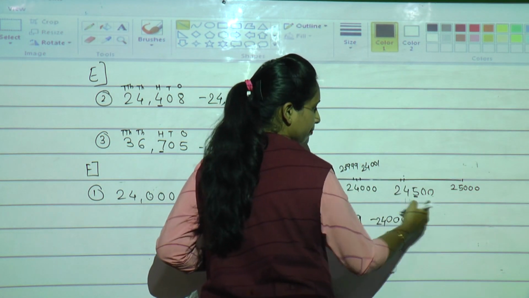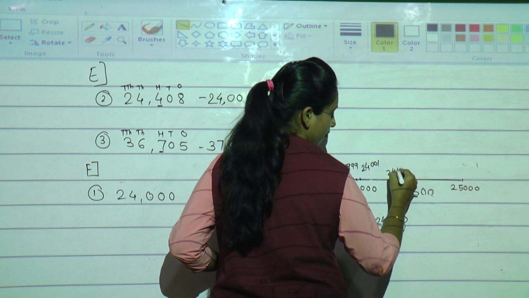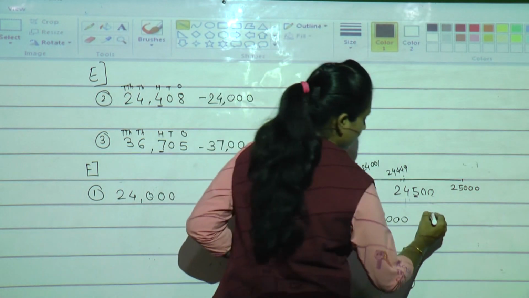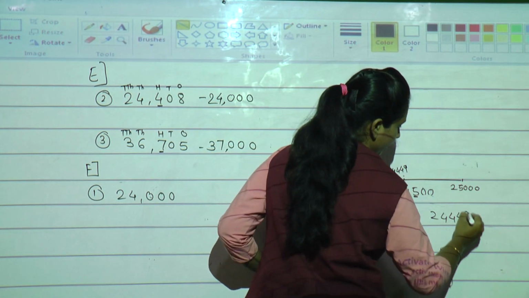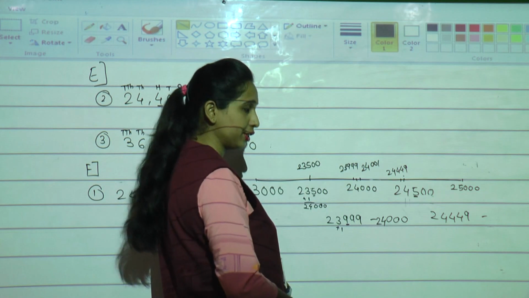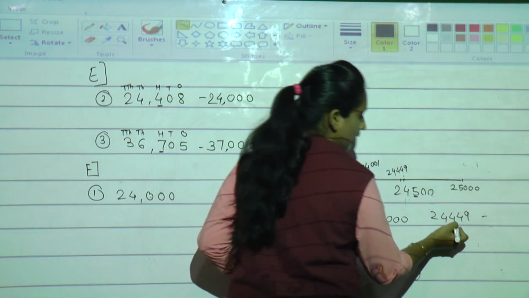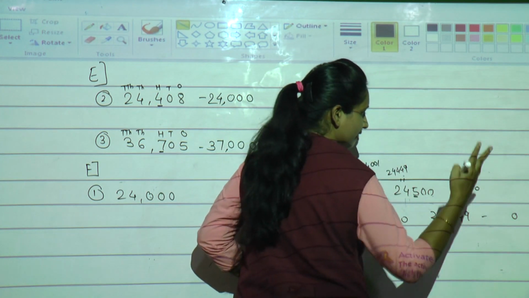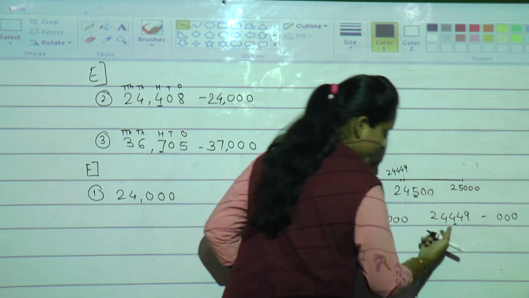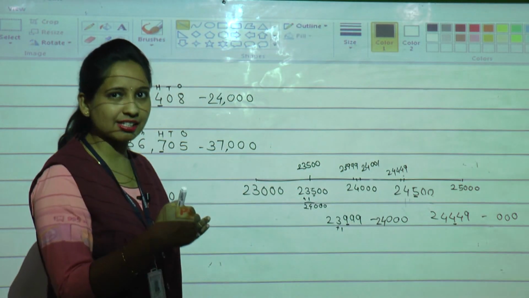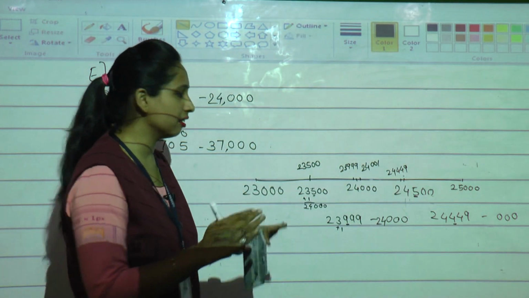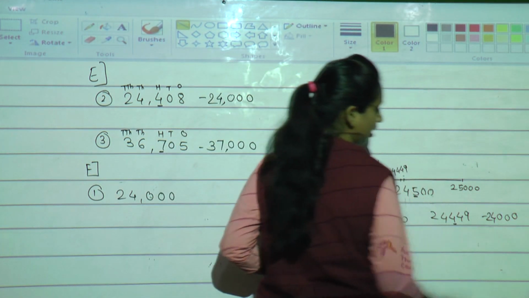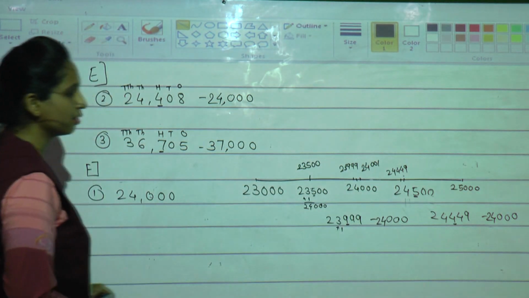Before this, what will come? 24,499, just before 24,500. Let us check 24,499. Whenever you are rounding off to the thousand, look at the digit at the hundreds place. Place zeros at the ones, tens and hundreds places, and if it is 4 or less, write the thousands place as it is. 24,000. Got it? Yes, students.